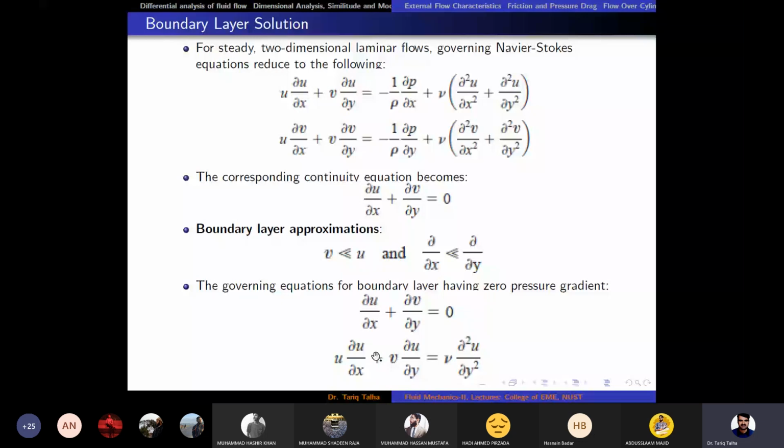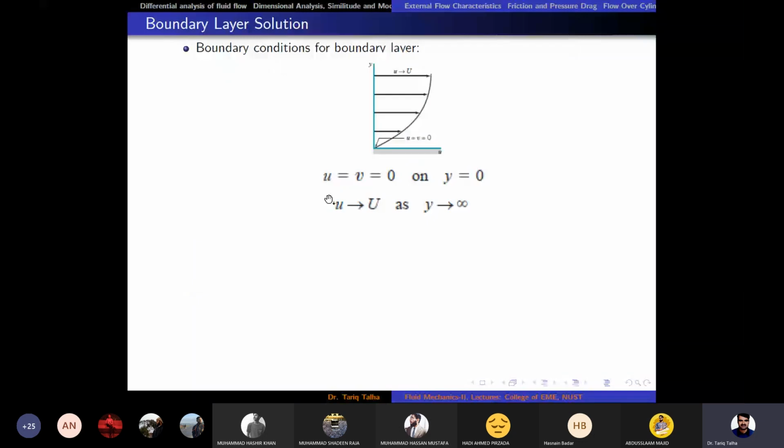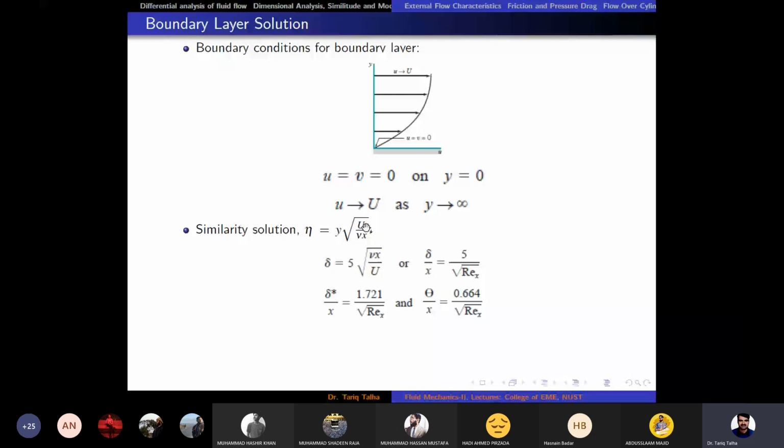So there was a scientist named Blasius, who proposed the solution of these two equations in 1907. He proposed a similarity solution to these equations, where he combined the streamwise velocity and wall normal velocity by using a similarity variable.